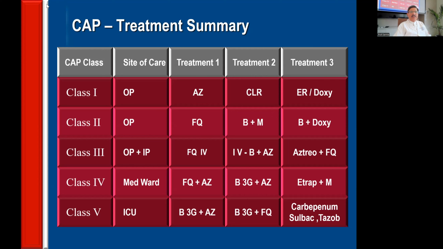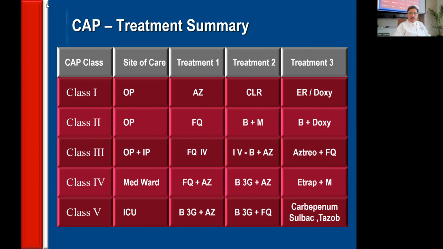Class 3, this is OP or IP, depending on the patient's affordability: IV fluoroquinolone, IV beta-lactam plus azithromycin, or aztreonam if it is resistant, and then fluoroquinolone. One of the combinations.